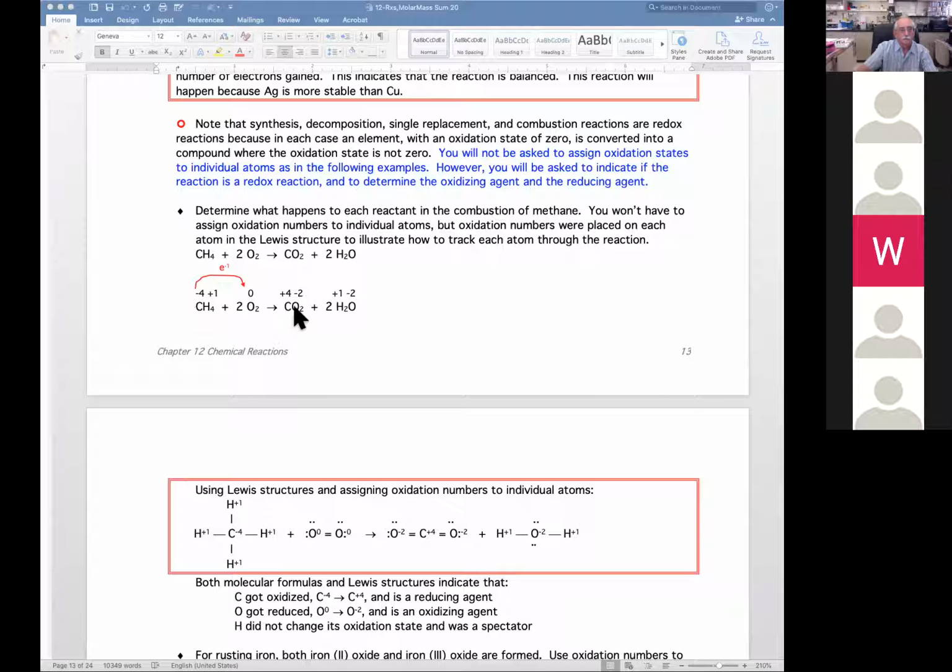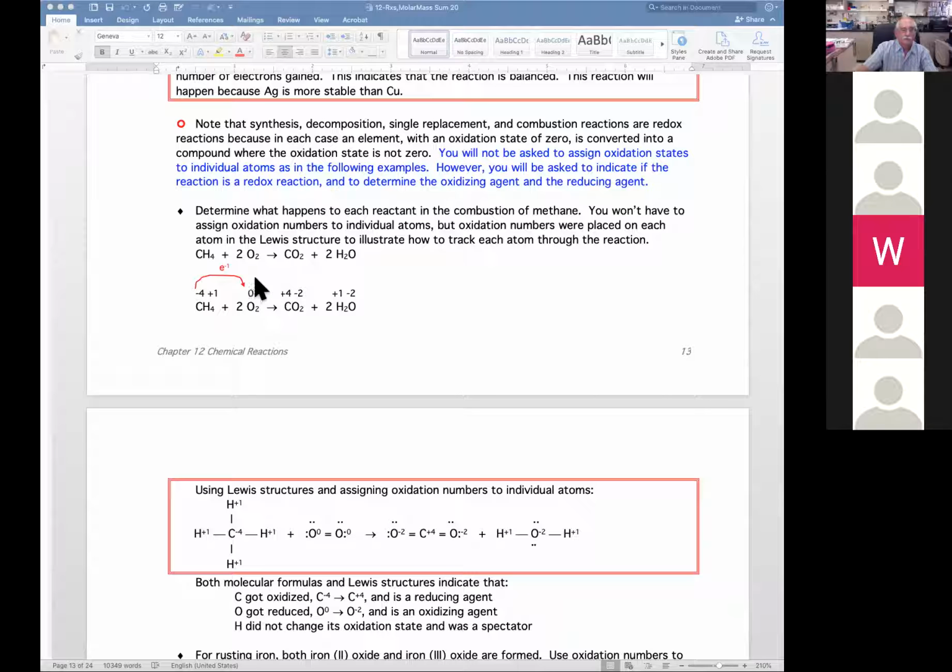Well, it forms CO2 in water, so if oxygen is negative, then carbon has to be positive. So carbon went from a negative number to a positive number. Oxygen went from 0 to a negative number. So we can see that oxygen got reduced. Electrons flowed from the carbon to the oxygen.